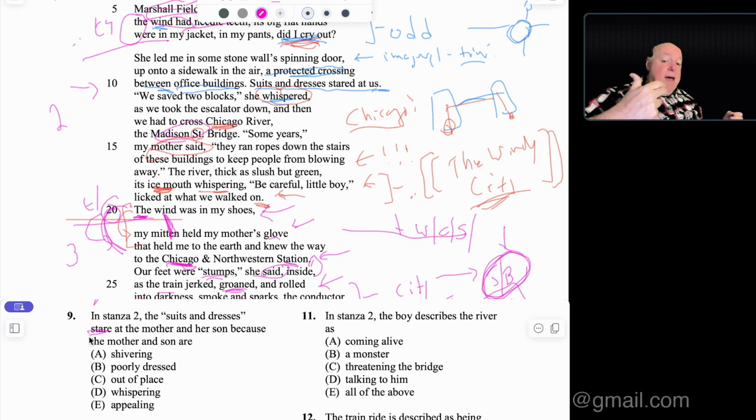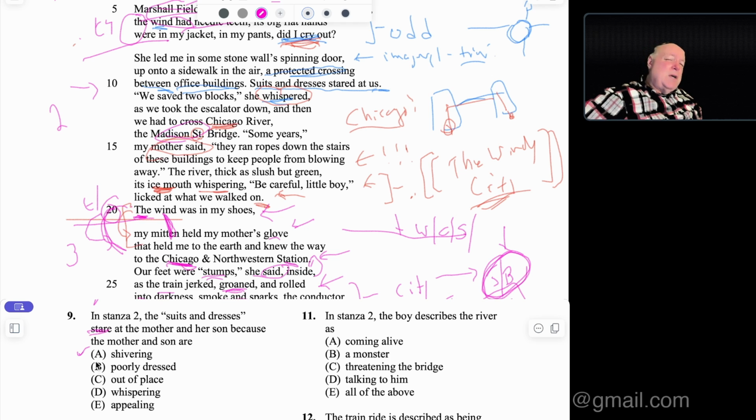So we talked about that, but these kind of questions can get kind of deceiving. We talked about they probably went into the office building in the first place because of the wind and the coldness. So it seems to me that they could have been shivering. So that's a legitimate answer in a way.